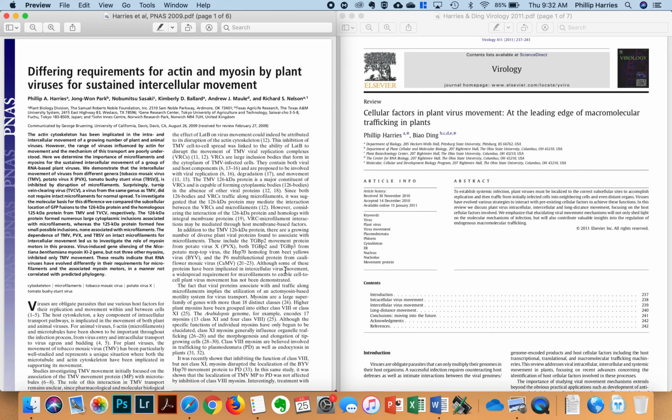If you're not familiar with these terms, primary versus secondary sources, a primary source is going to be a scholarly research article published in a scholarly journal where researchers are presenting and describing their own research.